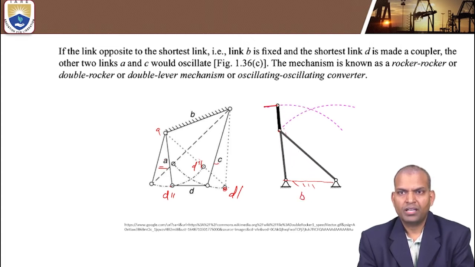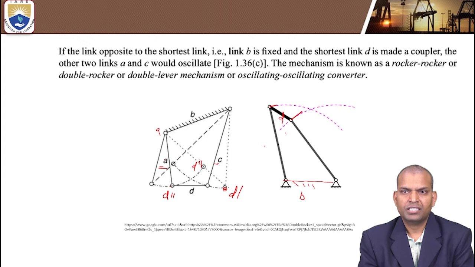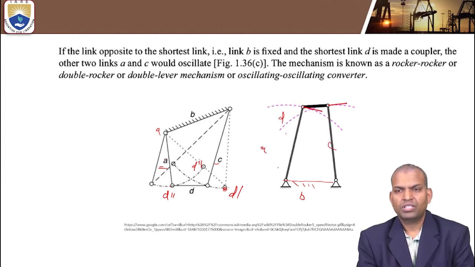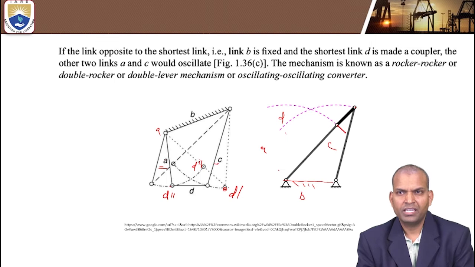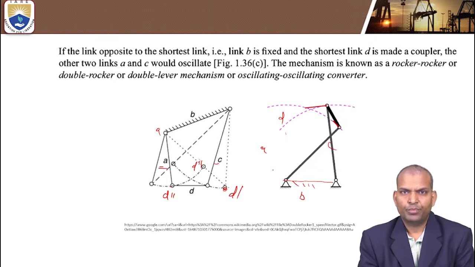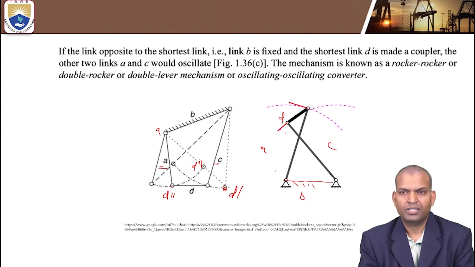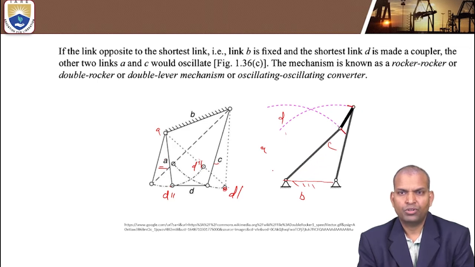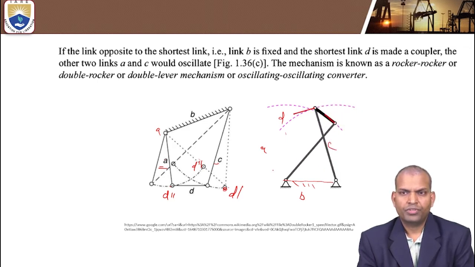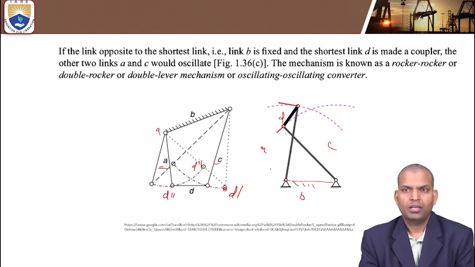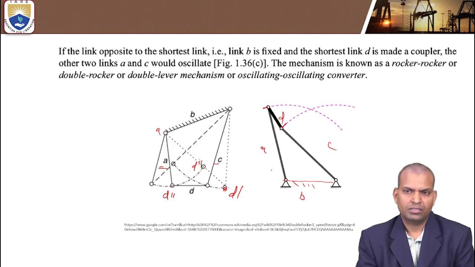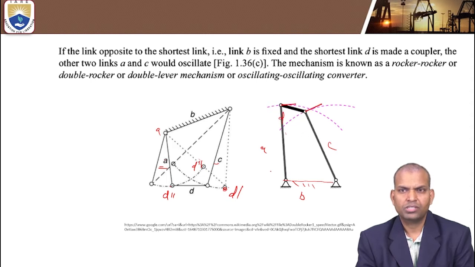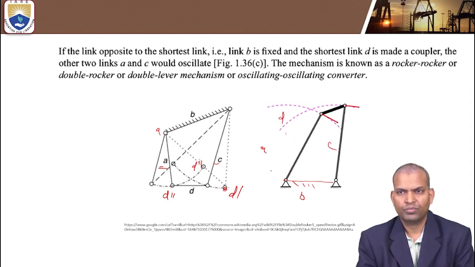Then D, A and C, so A and C become the rockers. That's why it is known as double rocker mechanism or double lever mechanism or oscillating converter. Different names are given based on the motion of the links. This is the second inversion of the 4-bar chain.